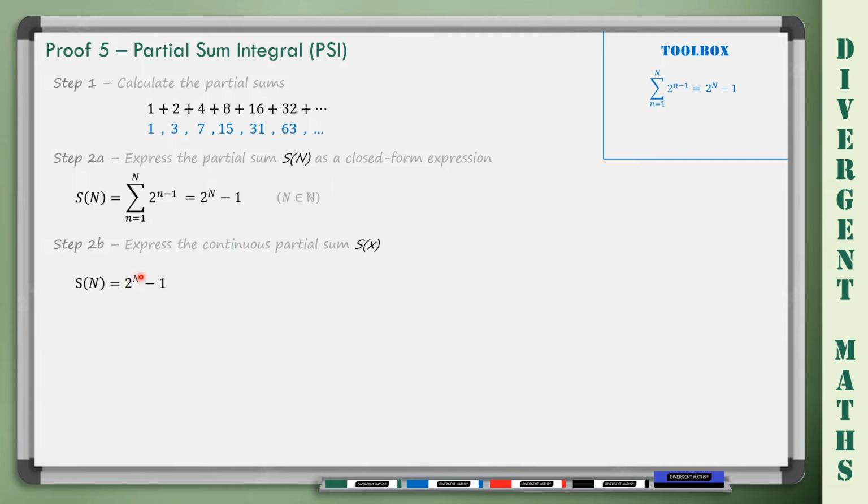S of n is 2 to the n plus 1, minus 1. Let's replace that discrete variable with a continuous variable, x being a real variable. Step 3, let's calculate that partial sum integral. Calculate the PSI, which is by definition the integral from negative 1 to 0 of S of x dx. So that's the integral from negative 1 to 0 of 2 to the x plus 1, minus 1 dx.